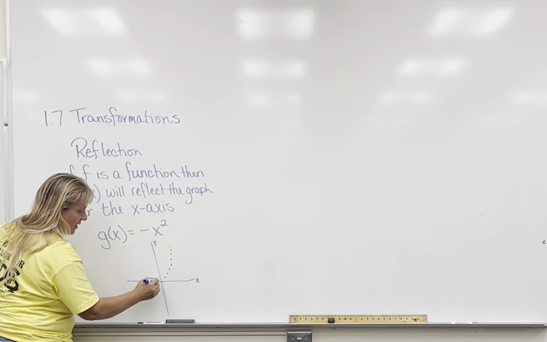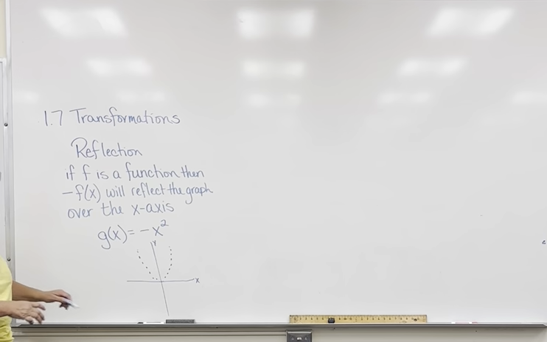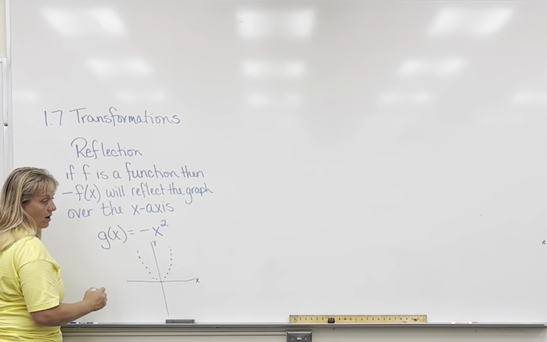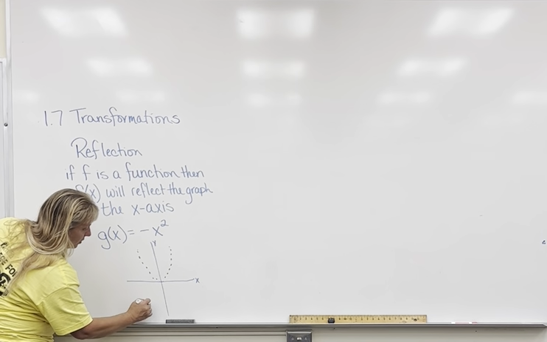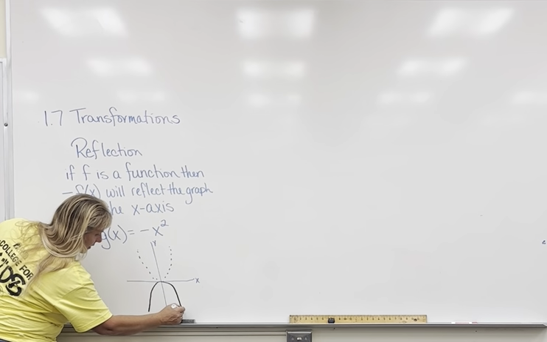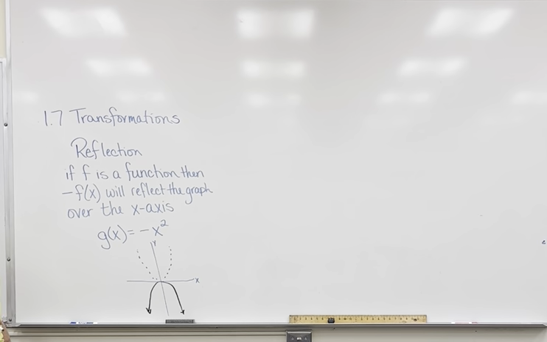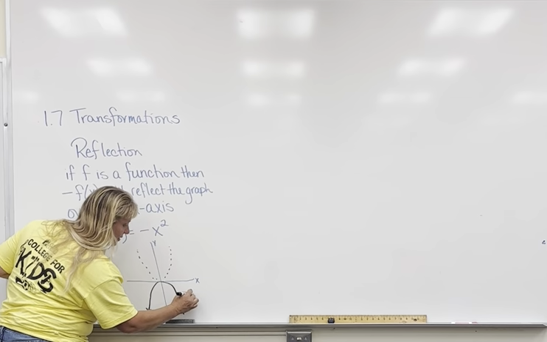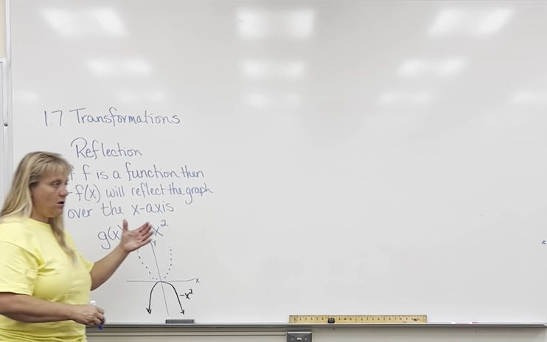There is regular x squared, but that's not our actual graph. That's the base graph. This negative is going to take our base graph and flip it over the x-axis. So we're going to have a parabola that is upside down, and this one here will be negative x squared. Simple reflection over the x-axis.